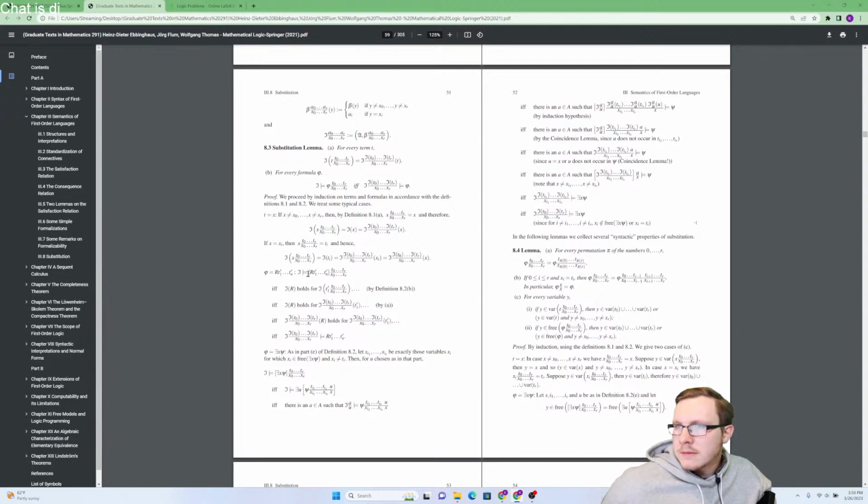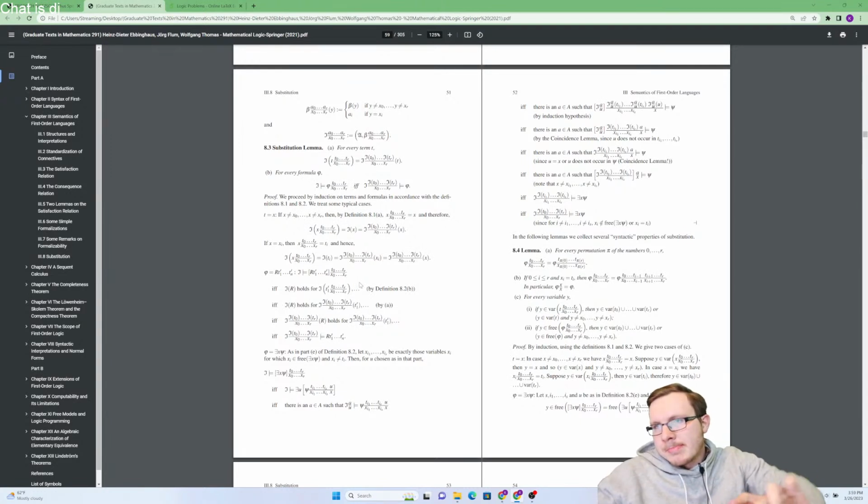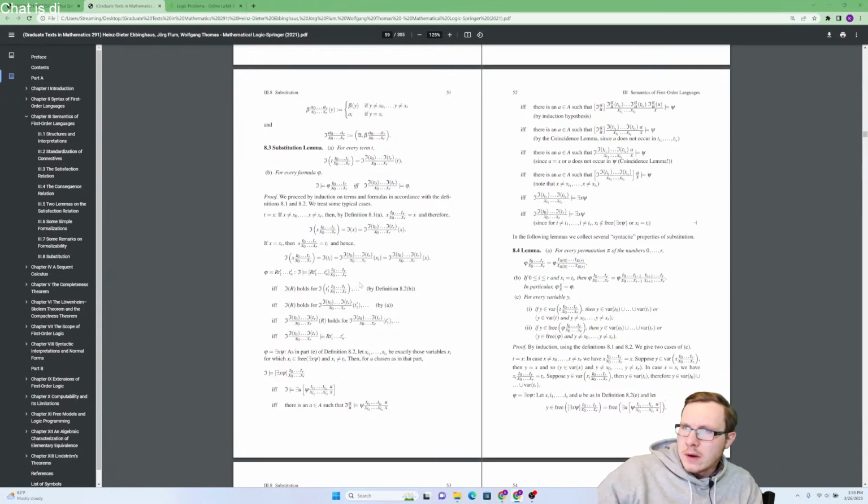So J satisfies the substitution if and only if. Yeah, so this is the left half here, and these are the right halves. Okay. If JR holds for... what?